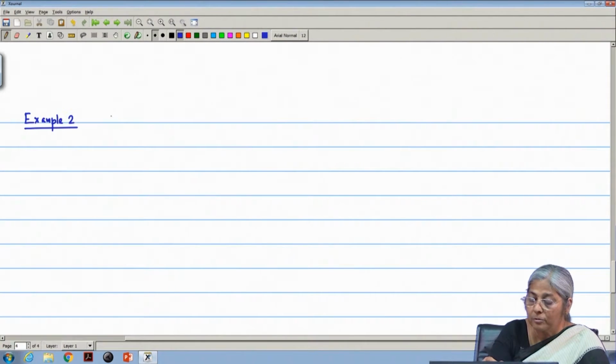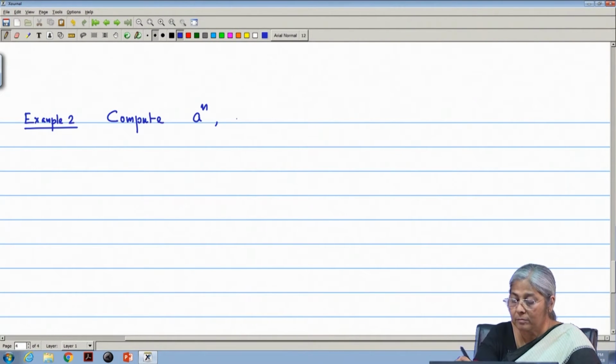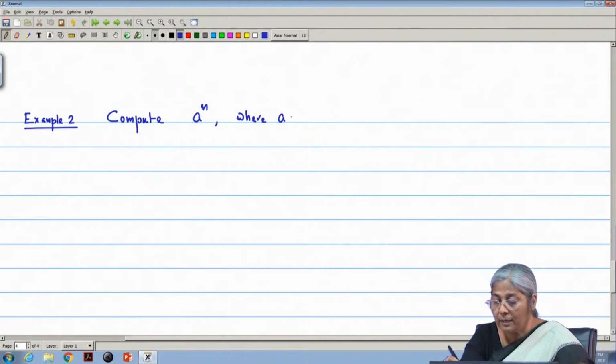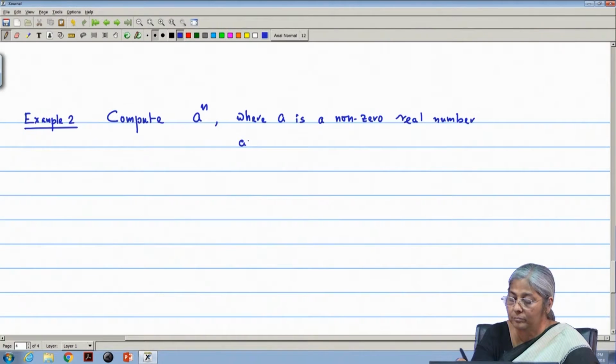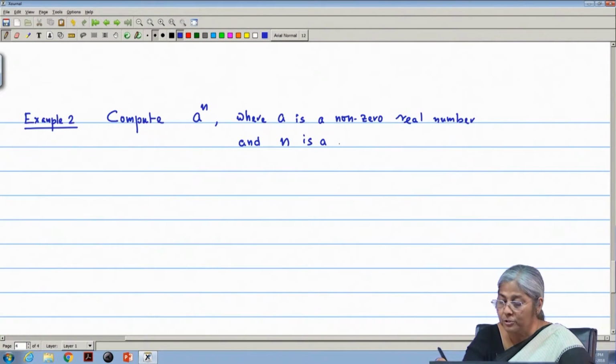So, we compute a to the power n, where a is a non-zero real number and n is a non-negative integer.